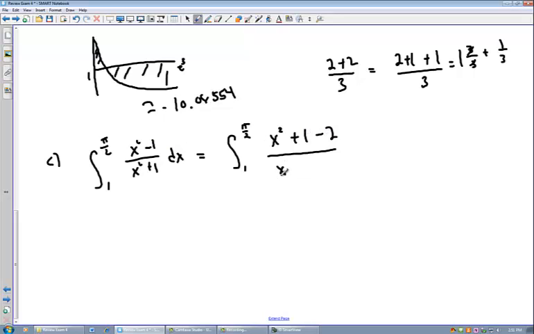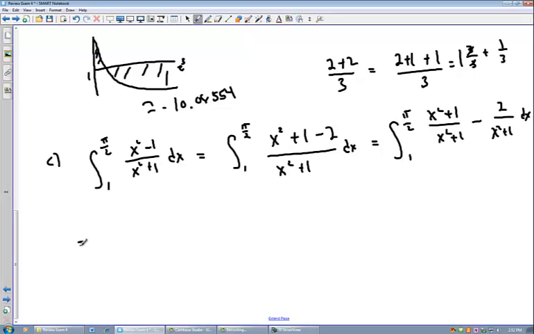And then you have x squared plus 1 on the bottom, and then dx. Now what this is going to get you as a simplification, so this is the same as x squared plus 1. So you can pull apart the fraction, divided by x squared plus 1, minus 2 over x squared plus 1 dx.